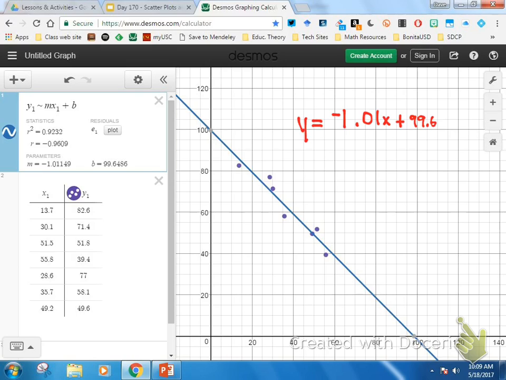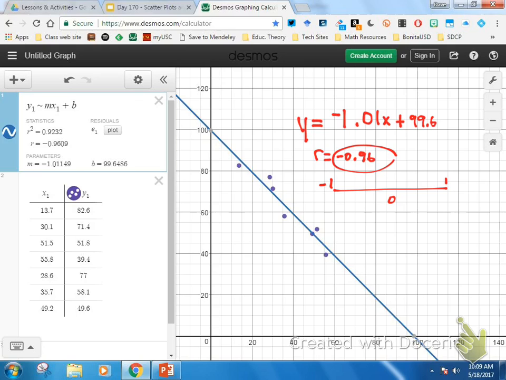Okay, what's our R value? R is equal to negative 0.96. Okay, and when I look at that, when I'm thinking about the range, we're thinking from -1 to +1 with 0 in the middle.